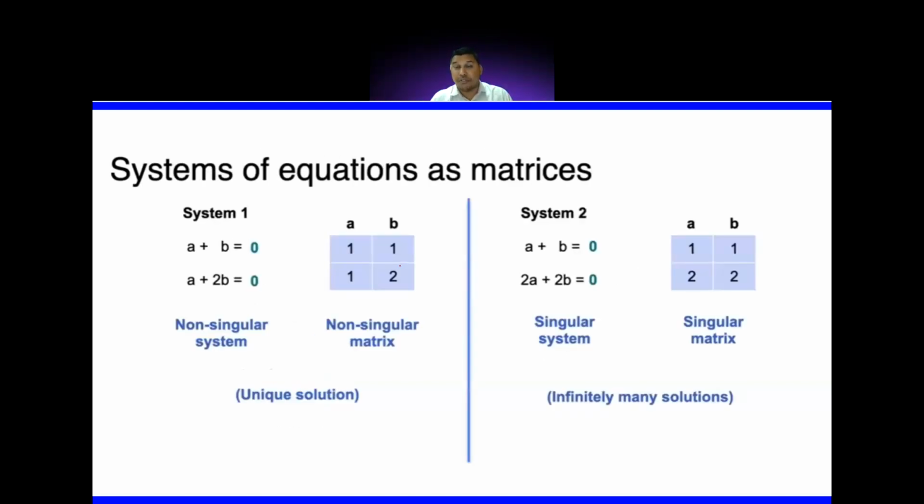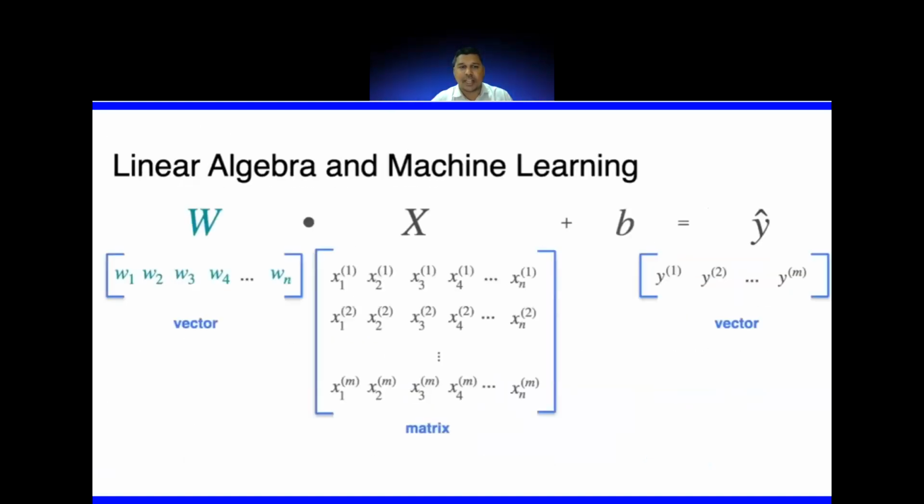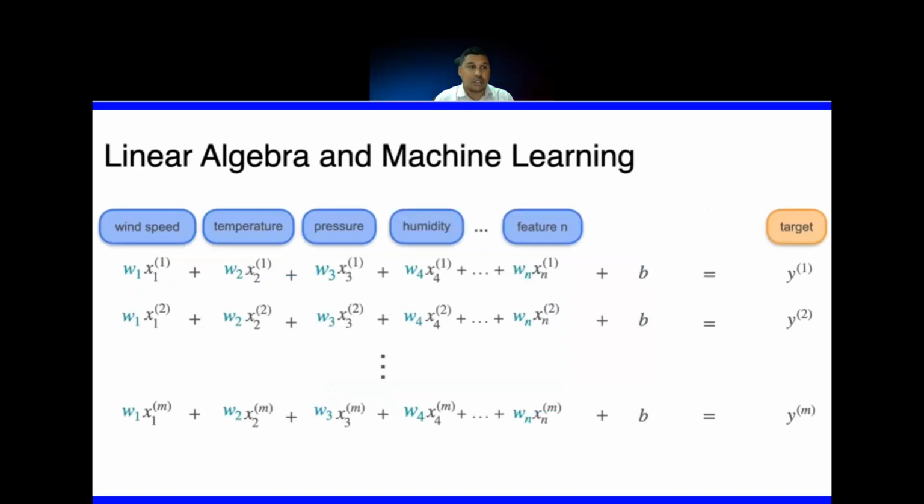But there is one more very, very big application of these matrices, that is in neural networks. We'll see that. I'll just highlight one point here. Why have we used the words W1, W2? We have used W because we call them weights, and this B is called bias.